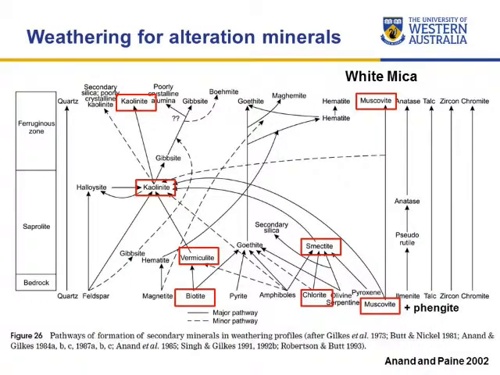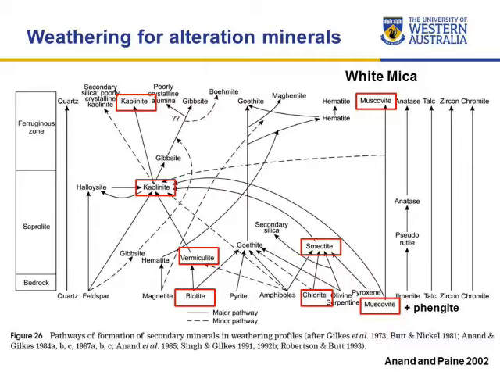Weathering can cause changes in mineral compositions, for common alteration minerals such as chlorite, which goes from smectite to kaolinite, and then poorly ordered kaolinite in very weathered conditions.